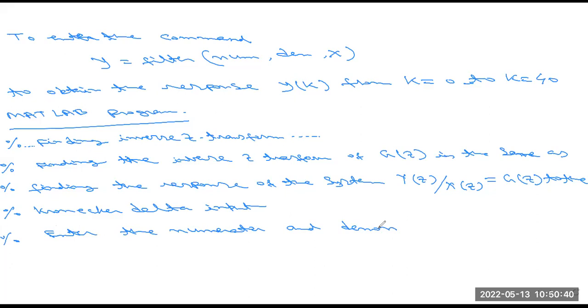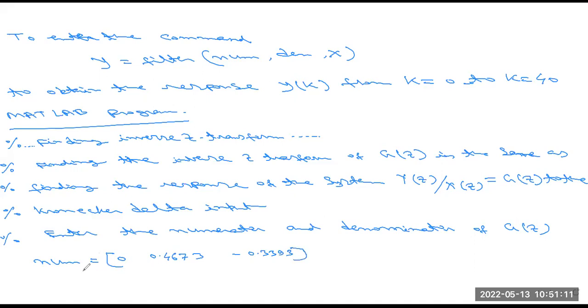Of the function of Gz. Now you have to know the numerator value you have to put, that is 0.4673 and another one is minus 0.3393.